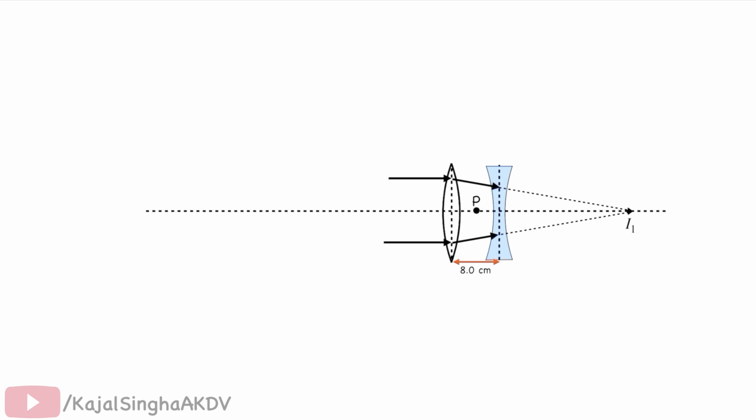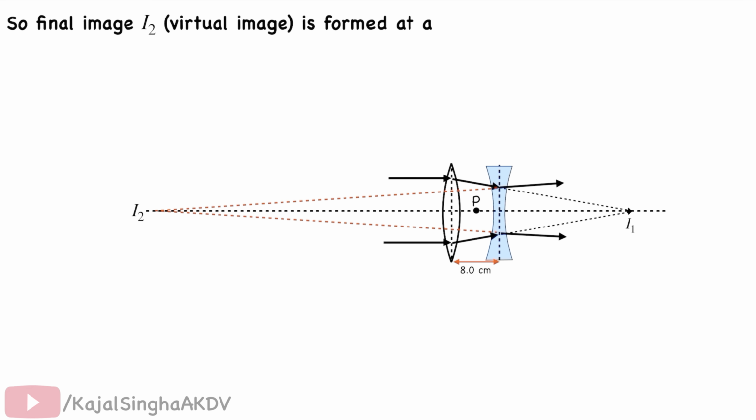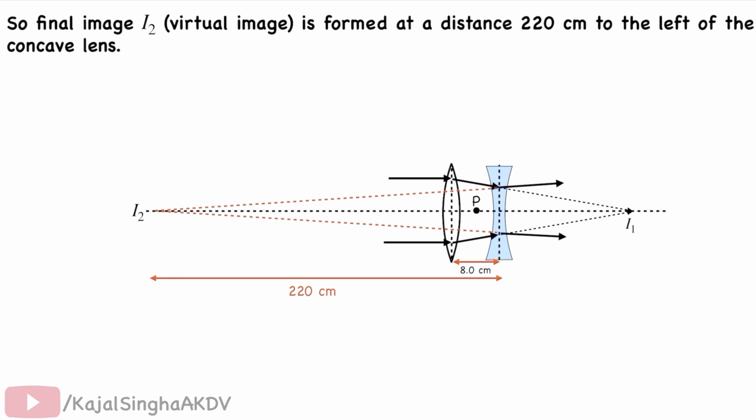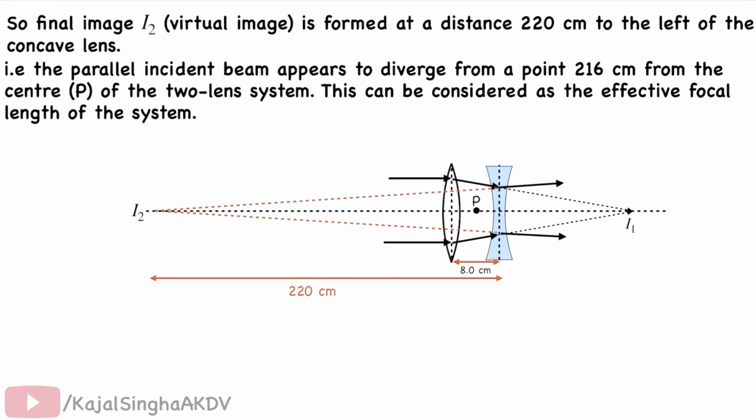So the final image is formed at a distance 220 centimeter to the left of the concave lens. That is, the parallel incident beam appears to diverge from a point 216 centimeter from the center of the two lens system. This can be considered as the effective focal length of this system.